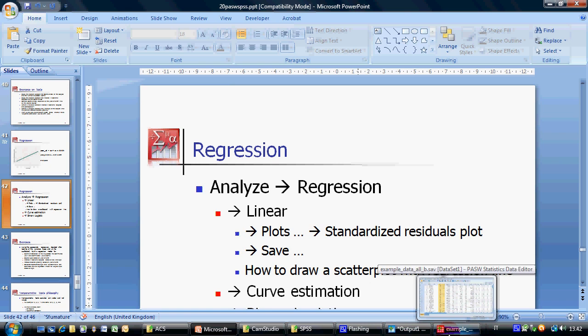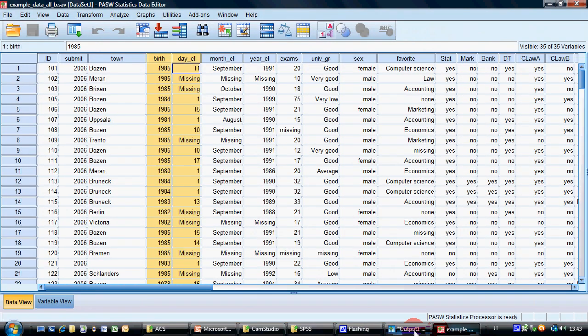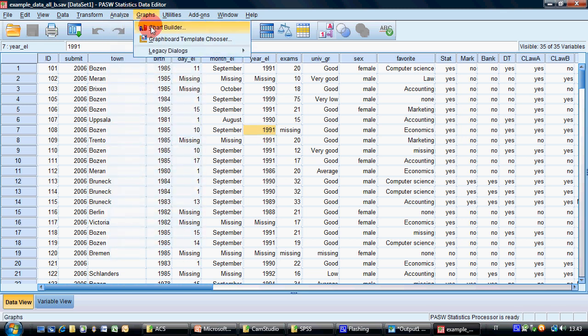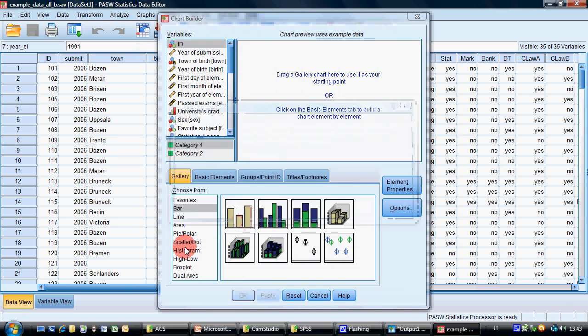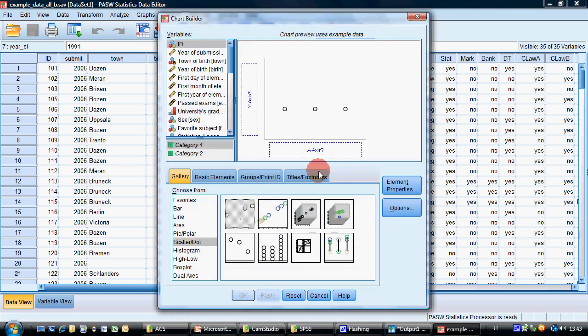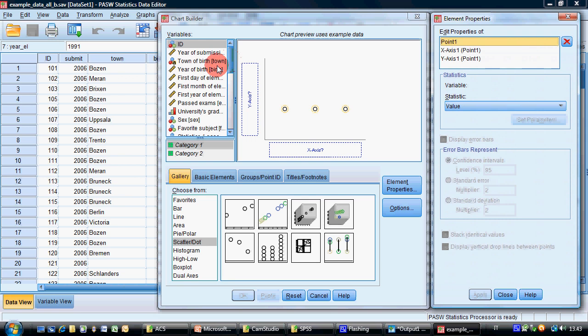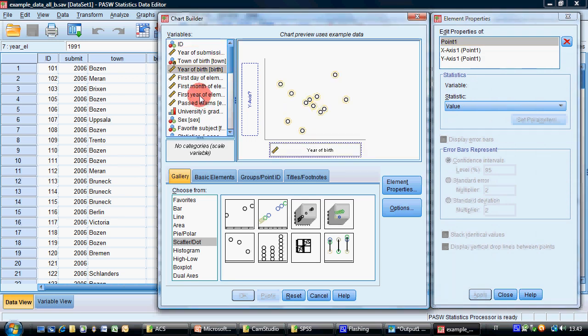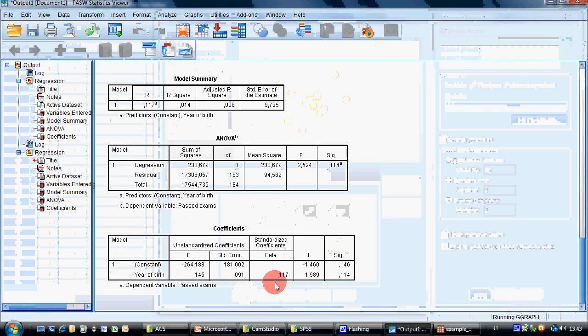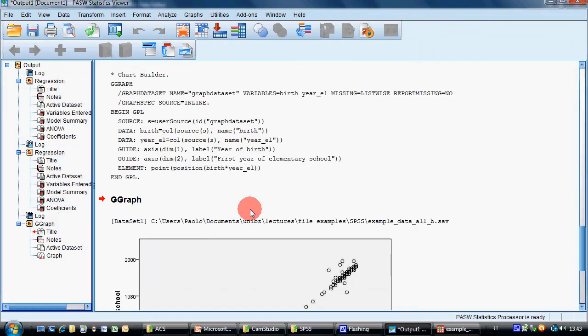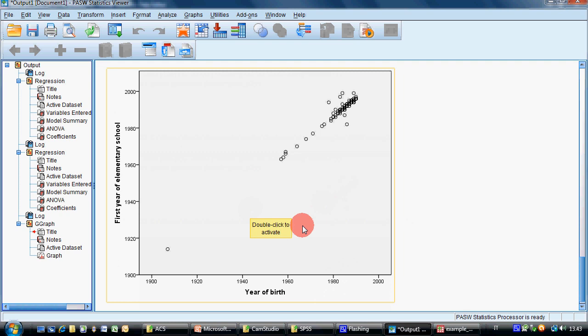Let's see, first of all, how to draw the scatter plot with a regression line. If you want to draw the scatter plot with a regression line, you must use the graph. There's no other alternative. Graph, chart builder, scatter. You put year of birth here, here first year of elementary school. Okay, you press OK. This is the usual scatter plot.